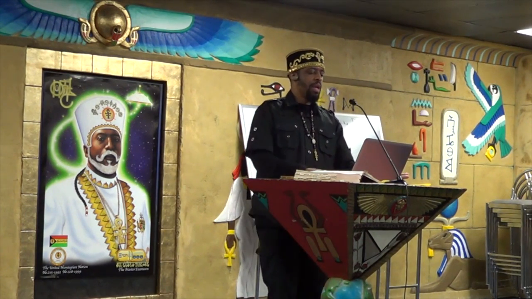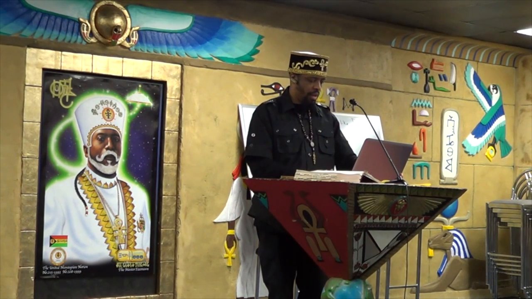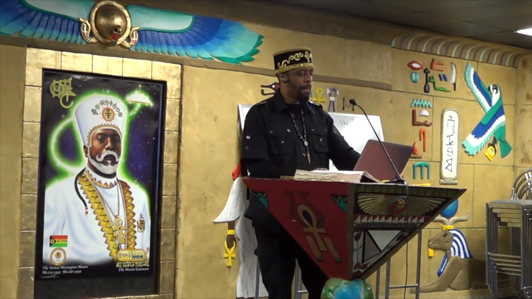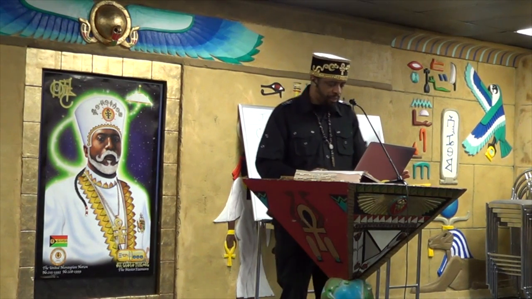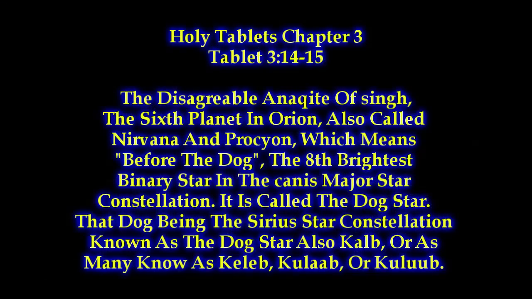First, 9 times out of 10, and correct me if I'm wrong, it looks like you're coming from chapter 3 of the Holy Tablets, tablet 3. Let's go to verse 14. It says, the disagreeable Anakite of Sin, the sixth planet in Orion, also called Nirvana and Procyon, which means before the dog.